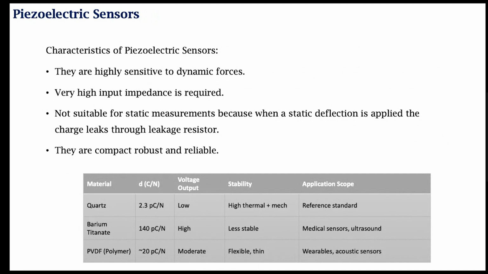They are extremely sensitive to dynamic or rapidly changing, very quick, abrupt changes. So very sudden changes, even if they may be minute, can be detected using piezo sensors. But that also means that they are not really suitable for static measurements.